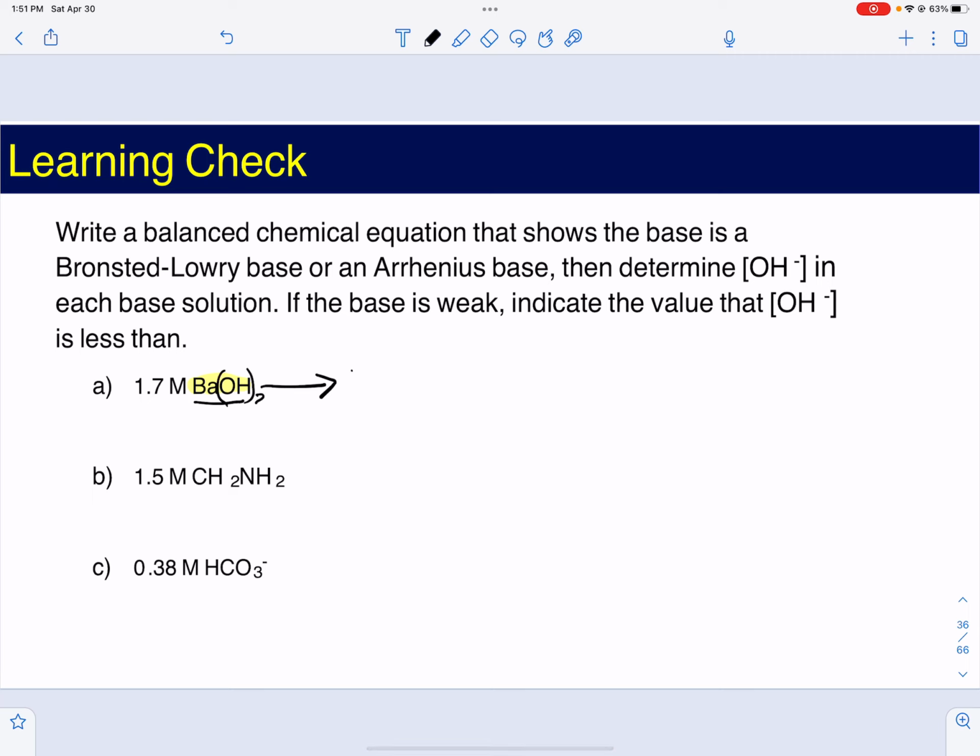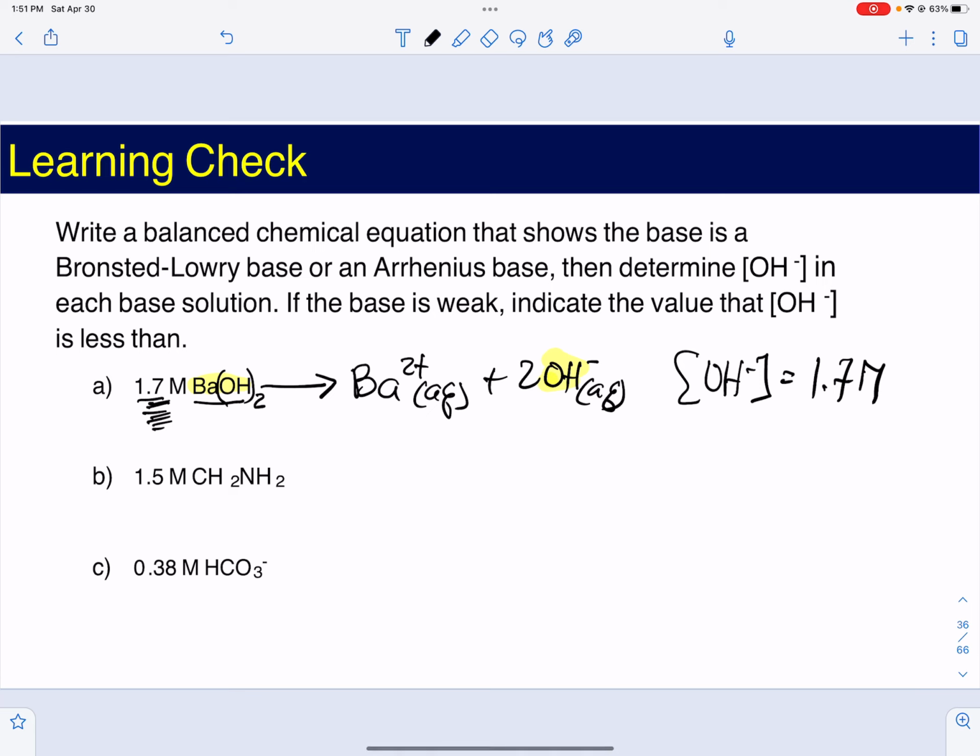There was a typo in the textbook. It's basically the ionic compound dissolving in water. So Arrhenius bases produce hydroxide. Since this is a strong base, 100% of it will go. So the concentration of hydroxide is going to be 1.7 molar.